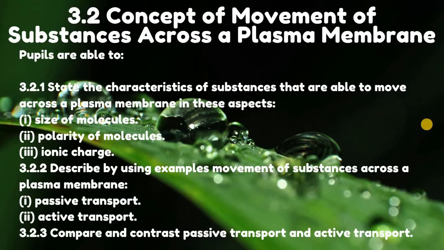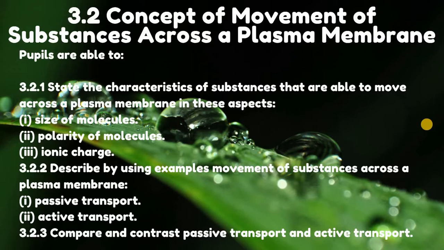At the end of this subtopic, pupils are able to, number one, state the characteristics of substances that are able to move across a plasma membrane in this aspect: first, size of the molecules; two, polarity of the molecules; and number three, the ionic charge.